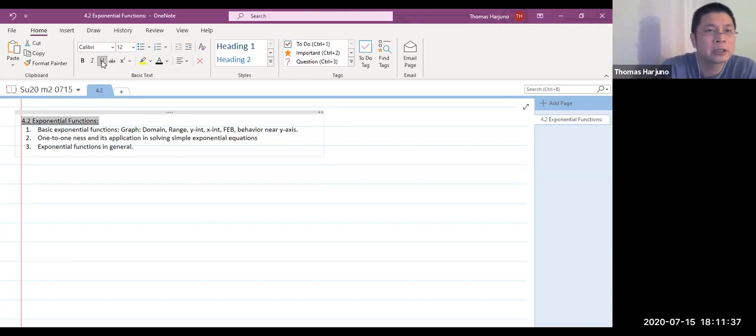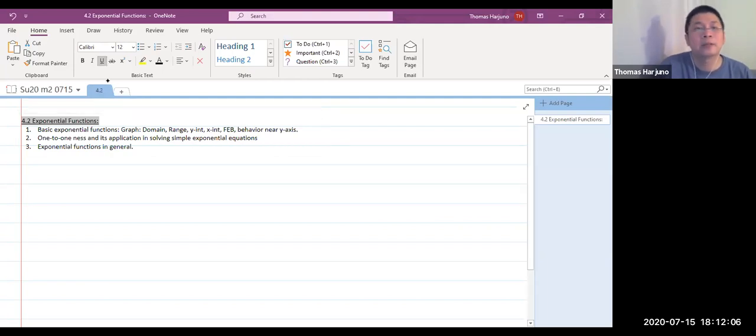You can see that it's a continuation from 4.2, and after we're done with 4.2 and 4.3, we will go on with 4.4. As I remember, that's where our test 2 will end, and your test 2 will be this Friday.